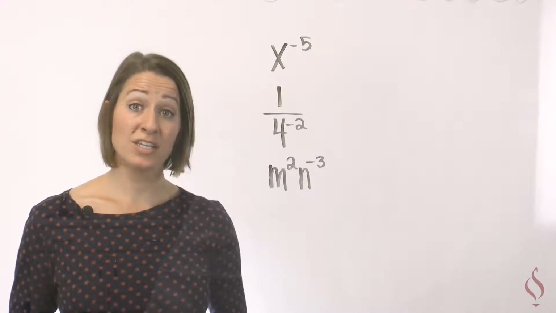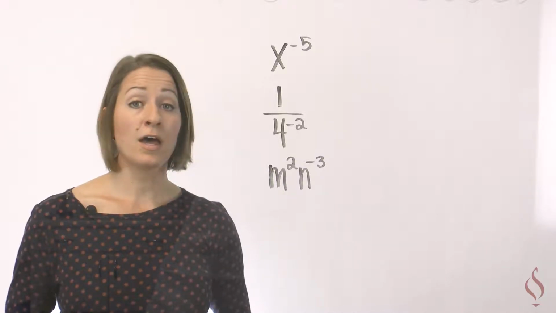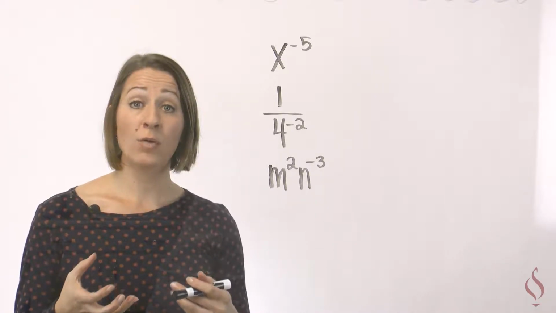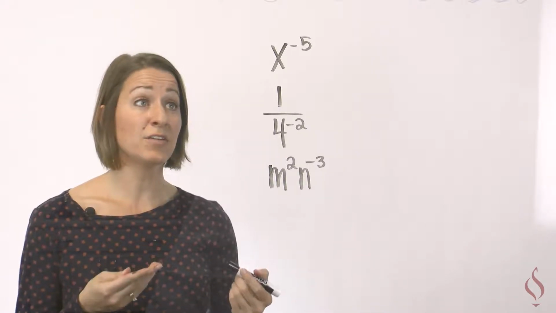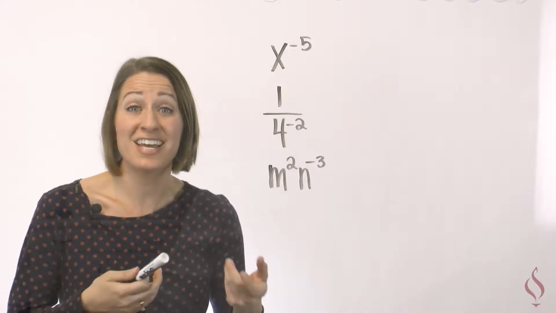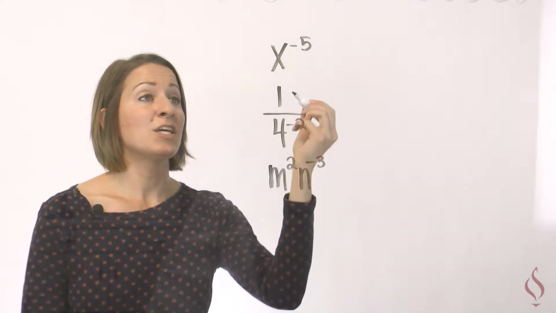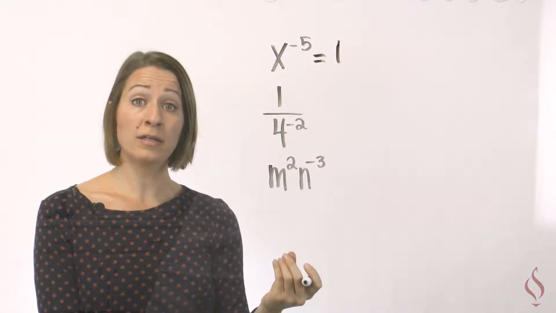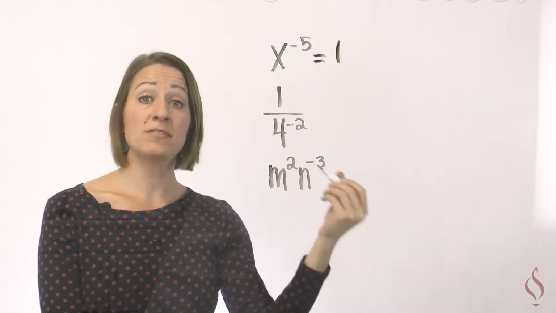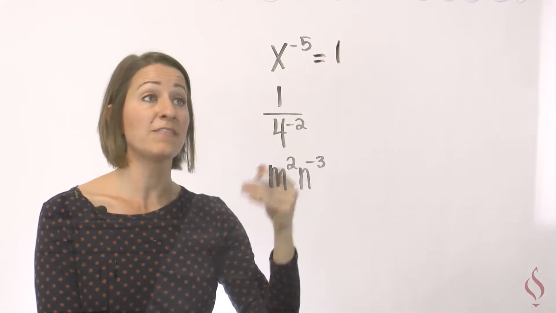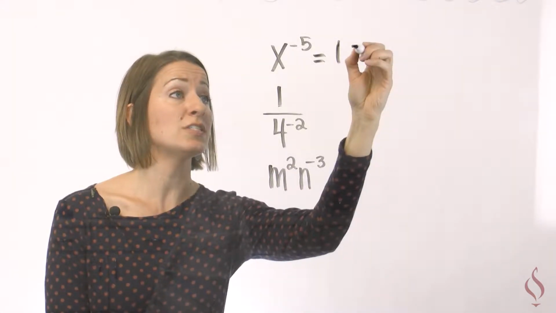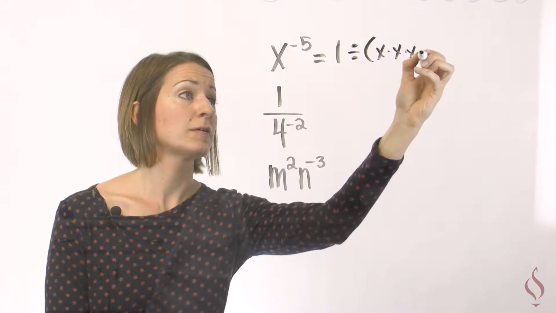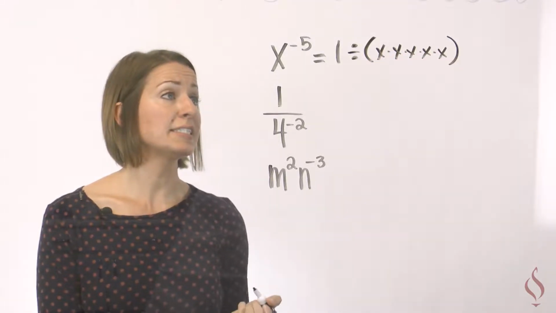Okay, let's take a look at these 3 problems. x to the negative 5th. The same rules apply when working with negative exponents, even if we have a variable instead of a number. So x to the negative 5th power is still 1, because that's a factor. Instead of multiplying by 5 x's, we're going to divide by the product of 5 x's.